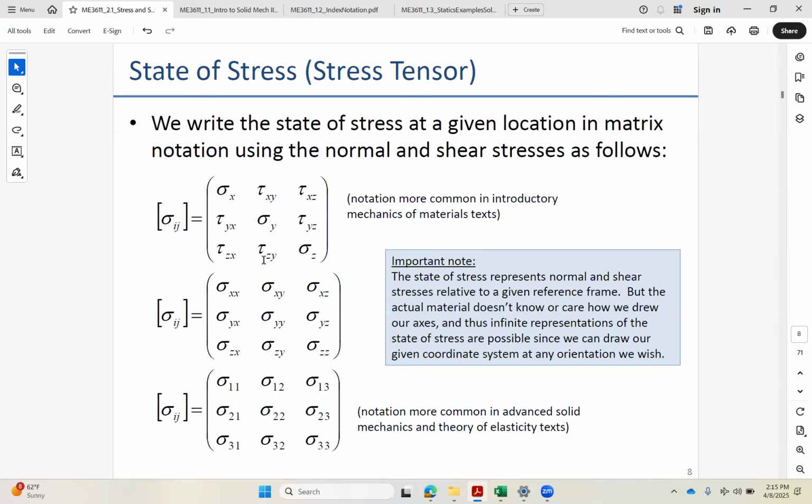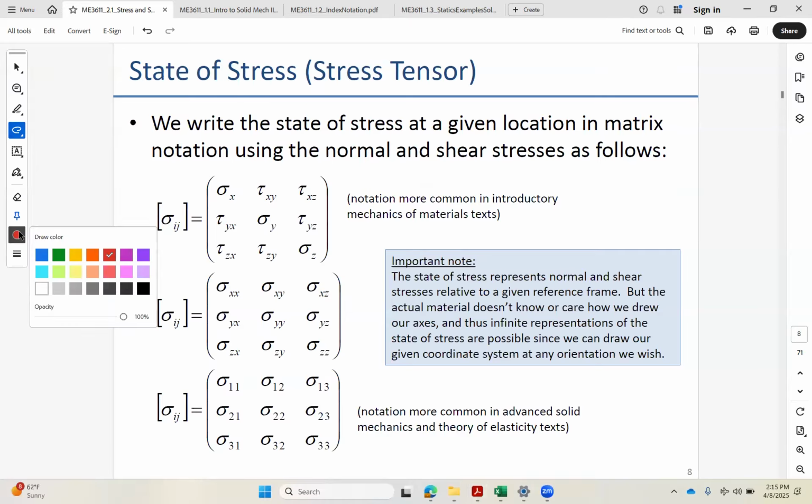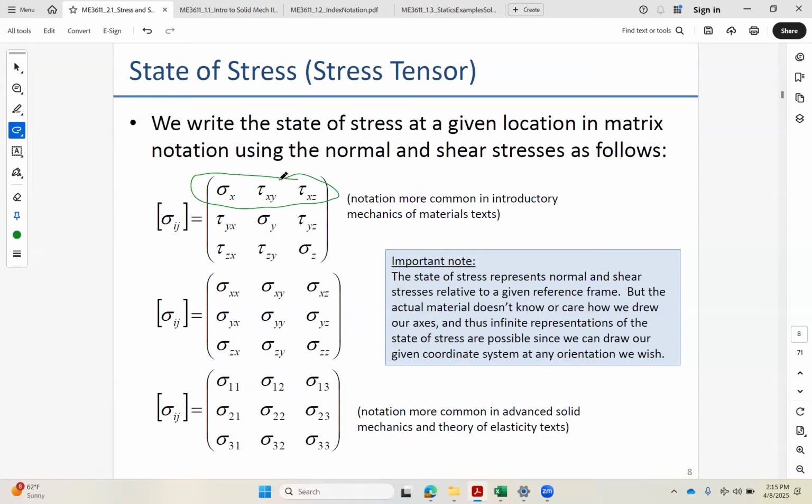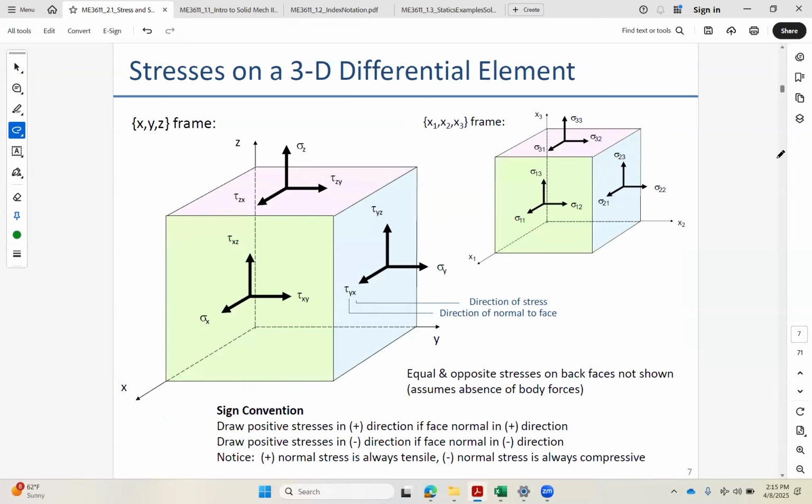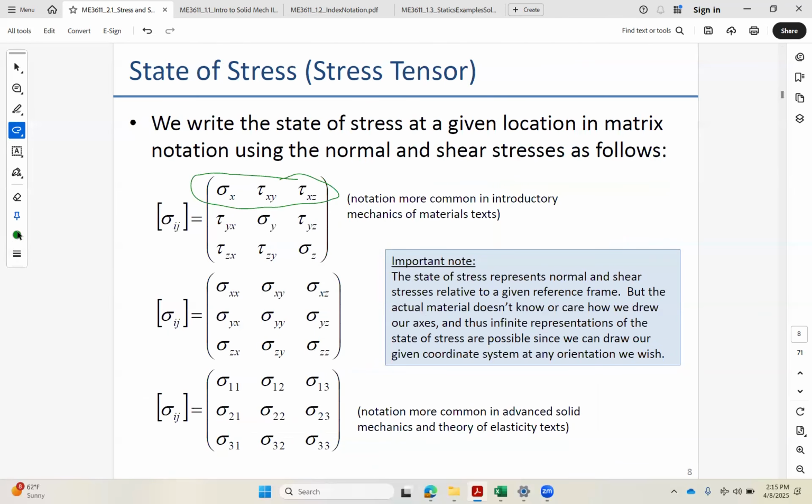XX, XY, XZ. Each row is going to be one of the faces that we looked at on the previous page. So we've got the green face going. Green face is going to be this row right here, the one that we looked at. All right. And then on the Y one, the blue face, those are going to be the stresses that make up the second row right here.